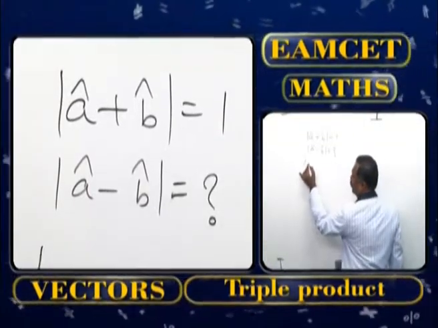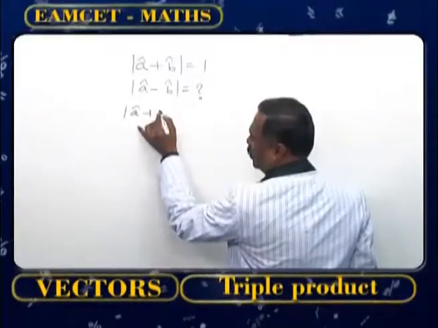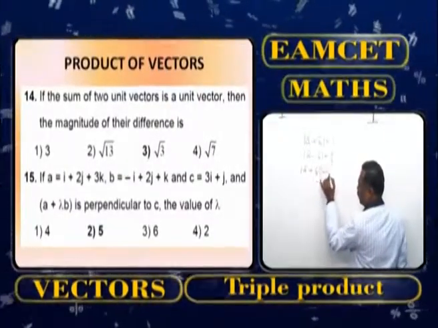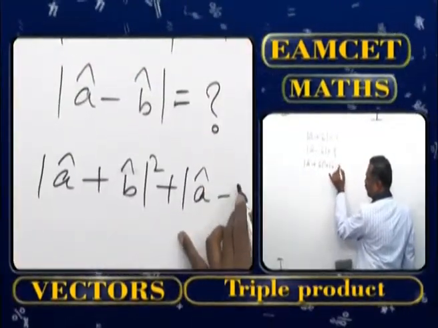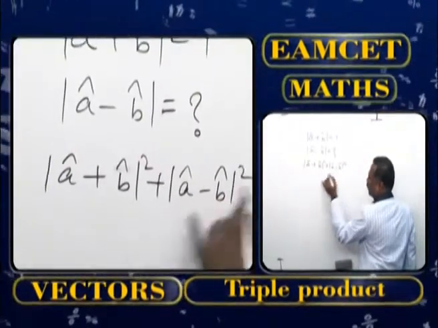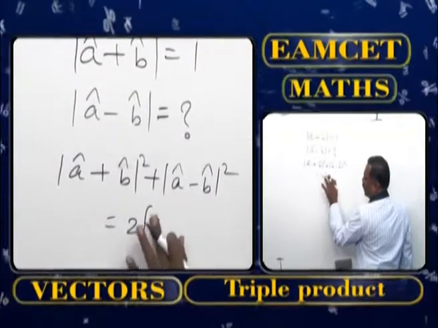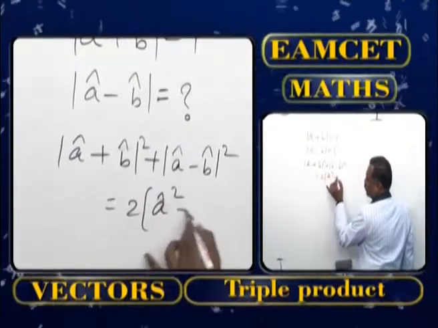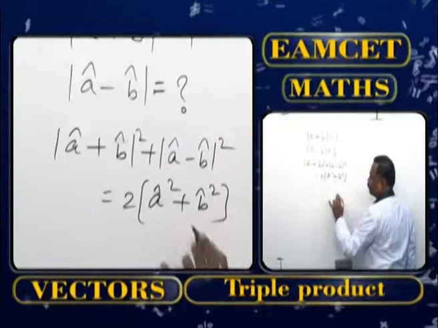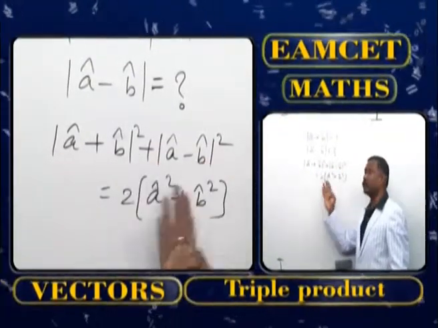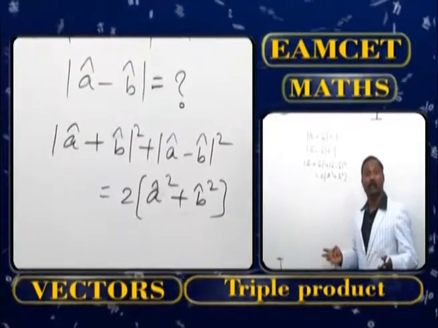Using the given data, you can write modulus of A cap plus B cap whole square plus modulus of A cap minus B cap whole square is equal to twice of A cap square plus B cap square. Simple. A plus B whole square plus A minus B whole square is twice of A square plus B square.